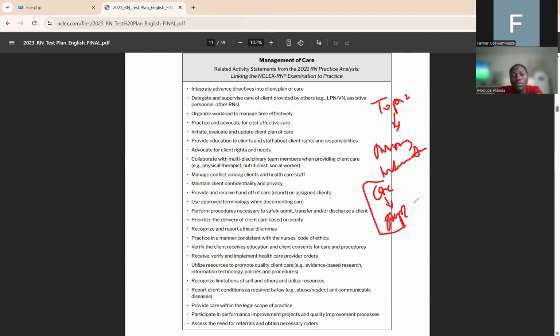Same thing with delegation. You need to understand the care. Everything right here is written in care. The NCLEX is telling you what you should do as a nurse or what you will be tested on as a nurse.